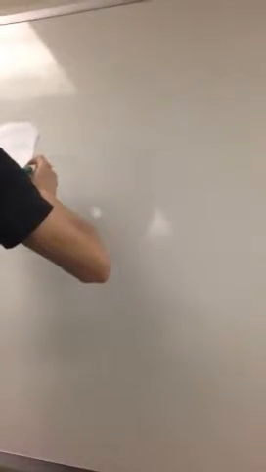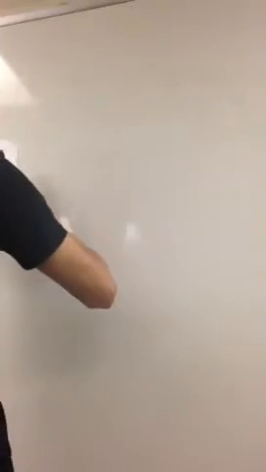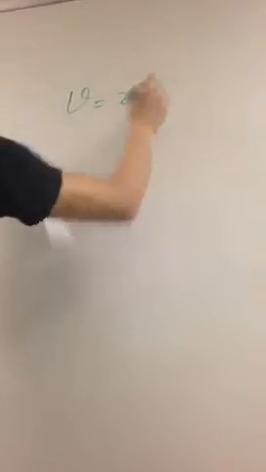Number 13, the speed of the object. Okay, so we know the velocity is 2 times t. It's changing.